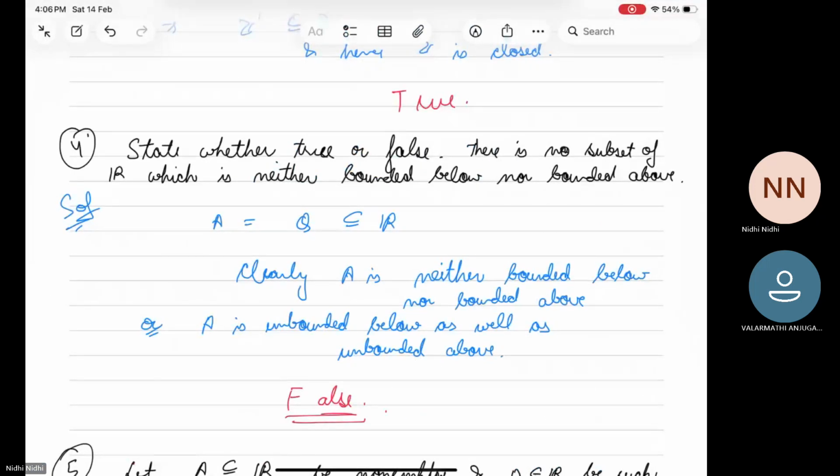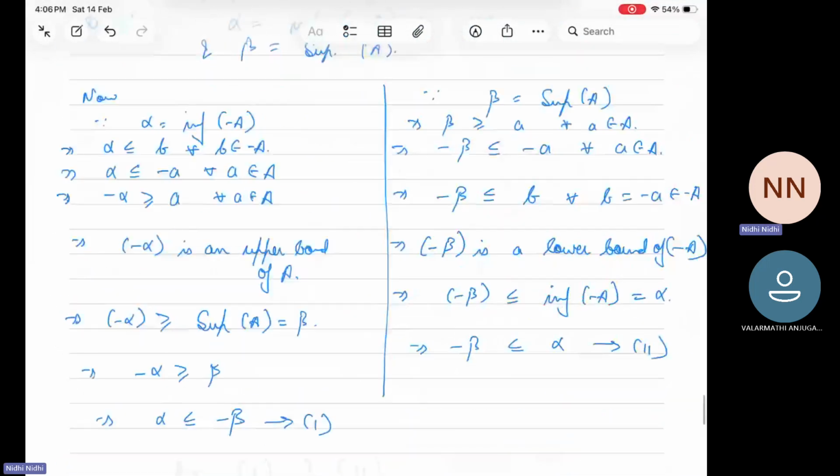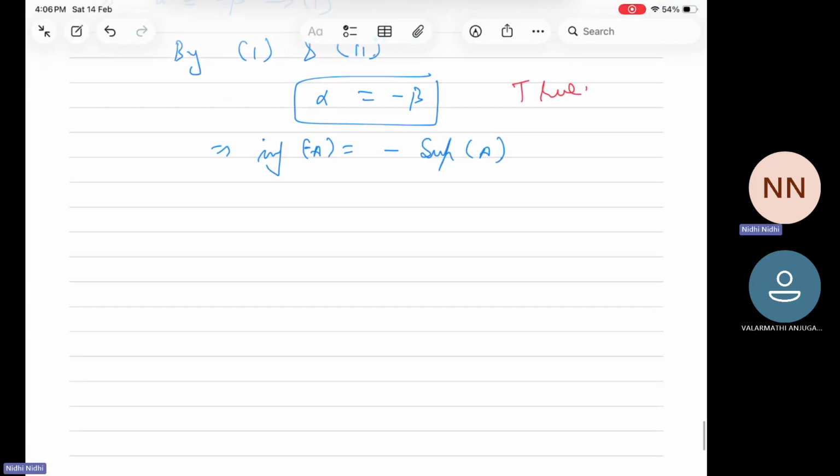Okay, so let's move to the next question. Question number 7. Let I_n be the interval given by [a_n, b_n], a sequence of closed and bounded intervals in R such that I_n intersection I_m is non-empty for every n not equal to m.